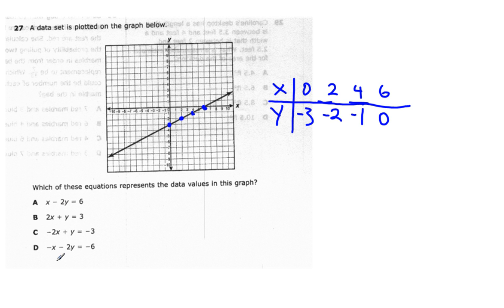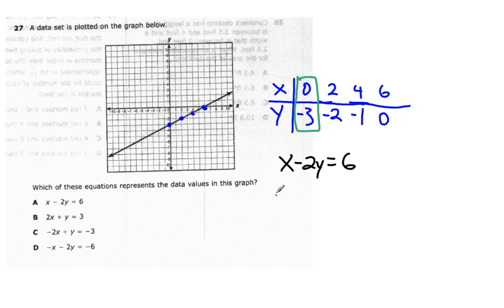And from here, since the equations it gives us are kind of ugly, our best bet is to just check them. So if we check our first one here, we have X minus 2Y equals 6. If I substitute in a value for X and a value for Y, I should get a total of positive 6 every time.